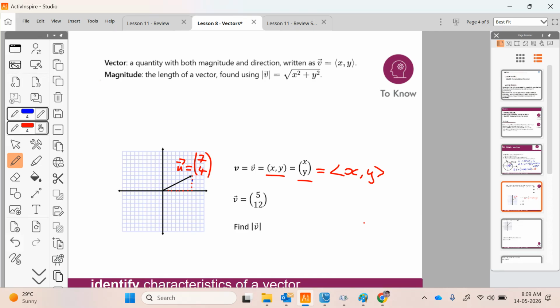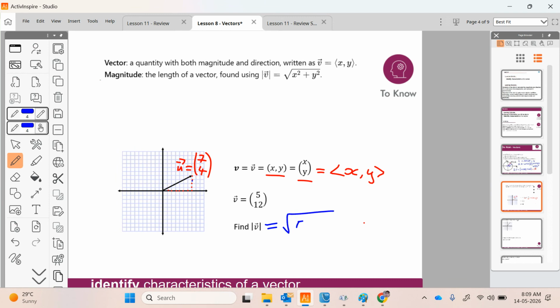So here's an example of a vector. In this question, we want to find the magnitude of the vector. The absolute value of a vector is its magnitude. That means we are finding the length of this vector. So having a go with vector v, the magnitude of this is going to be given in the same way that we just did.